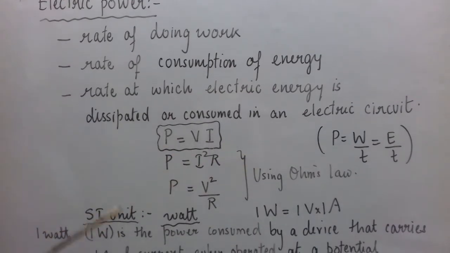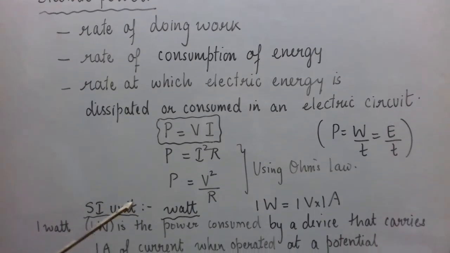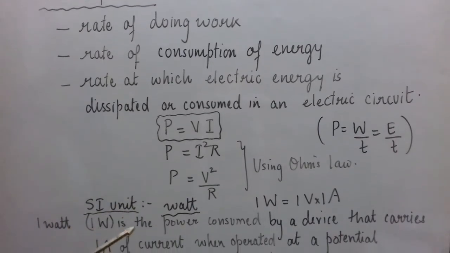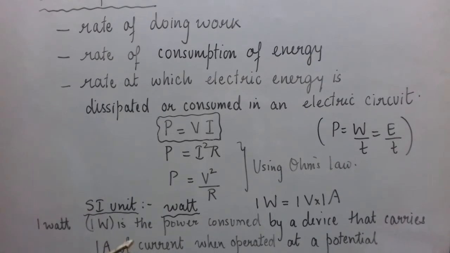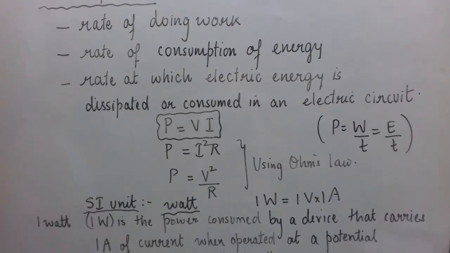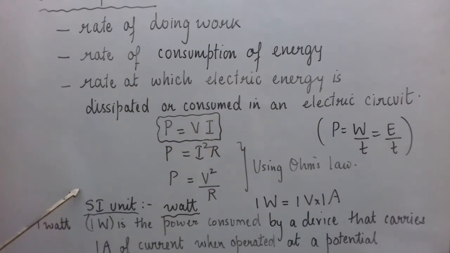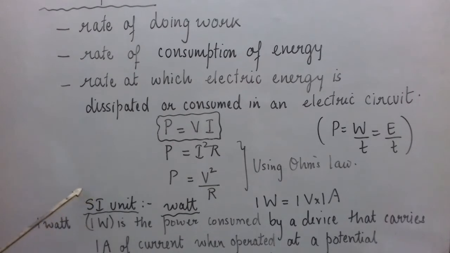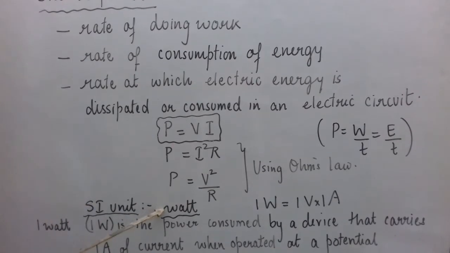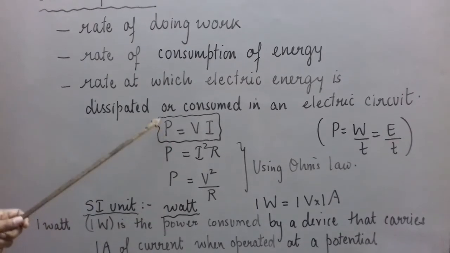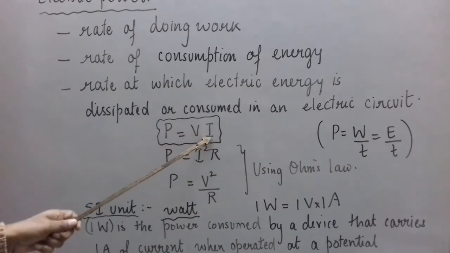You have done in your 9th class that 1 watt is power of the body which does 1 joule of work in 1 second, or which consumes 1 joule of energy in 1 second. That definition is also fine, but in your 10th class now, the definition which they have given in NCERT for 1 watt is by using this expression, P is equal to VI.